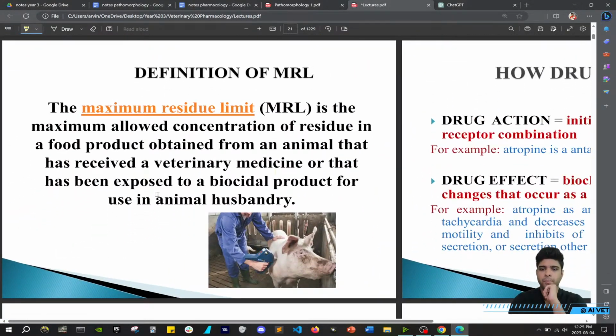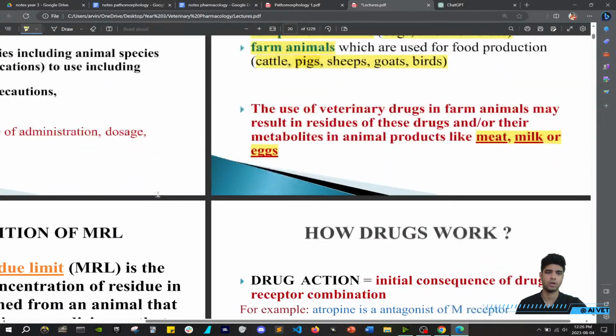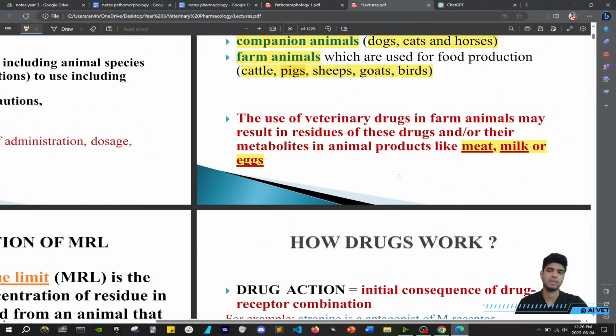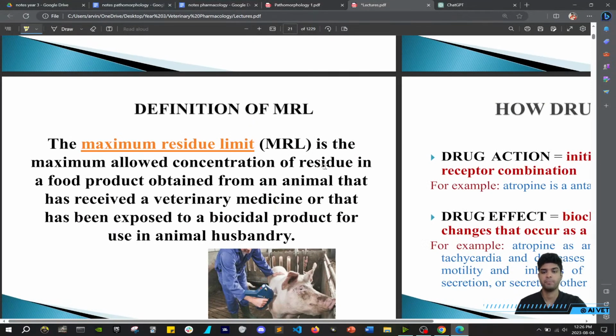Definition of MRL: maximum residue limit. What they say is if you sample a tissue or an egg, I mean, in this case, the contents of the egg, milk, or meat, any of these three, and check the amount of drugs they possess, in micrograms I guess.